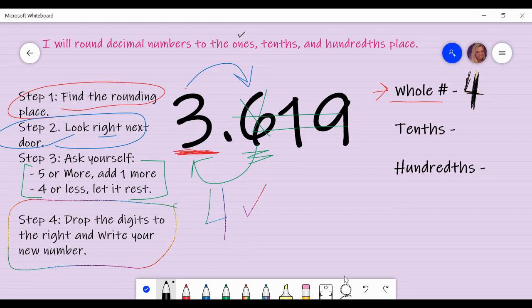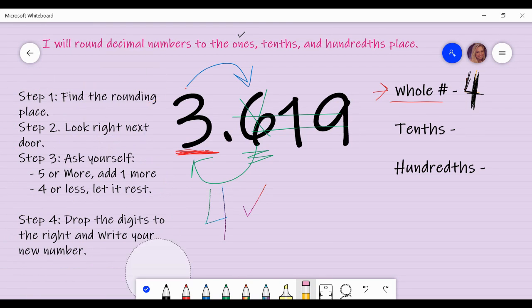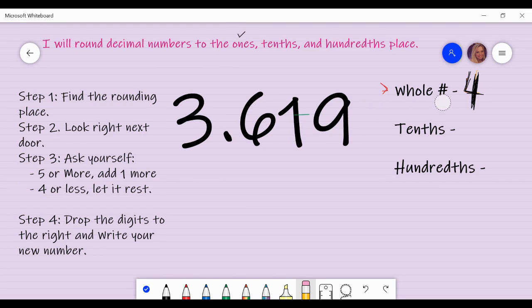So now let's erase all of our markings. We're going to do the same number, but this time we're going to focus on a different place. This time it's the tenths place. Step 1 is finding that tenths place. Well, we've done this before with finding the places.